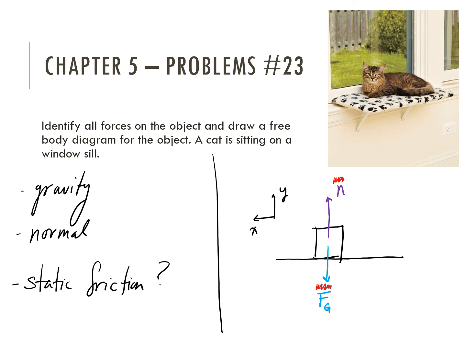But I have the key aspects on here. I have my coordinate system. I have the two forces I know I have. I don't really have enough information to figure out static friction. So because I don't have enough information, I'm just going to ignore it. That way I don't draw it on my free body diagram wrong.